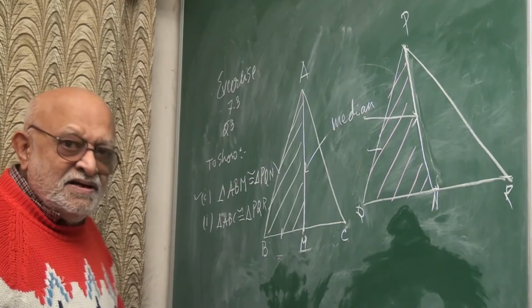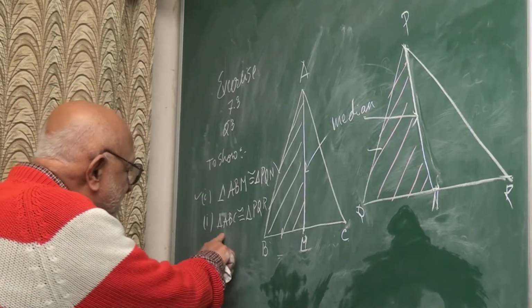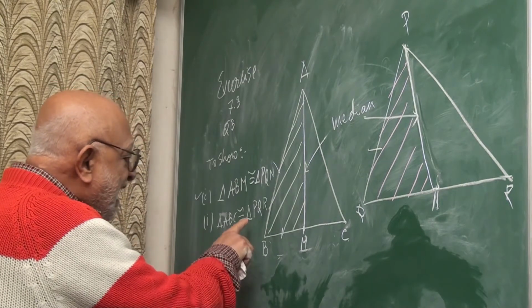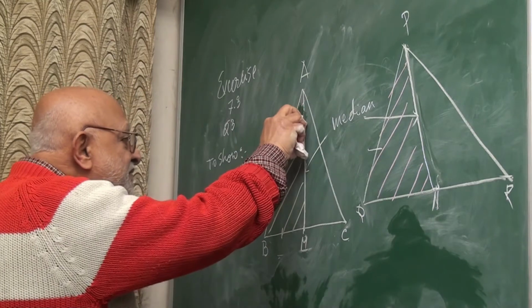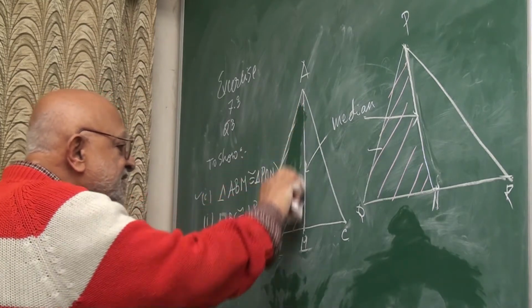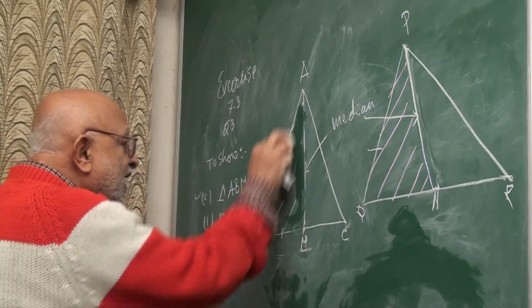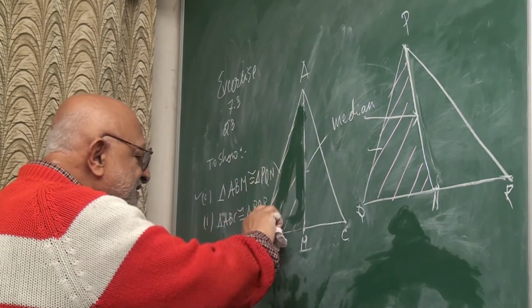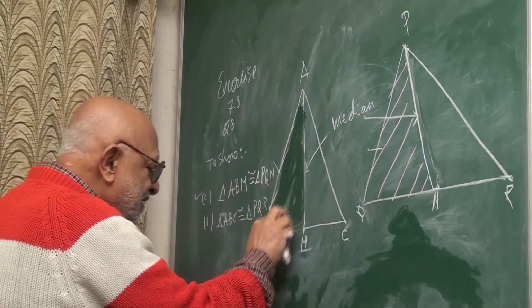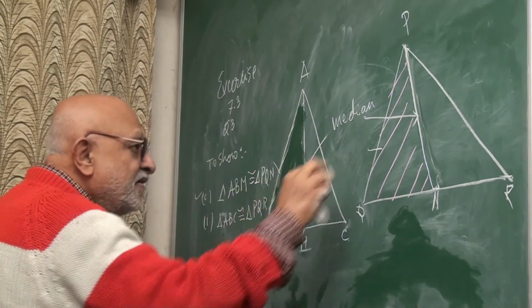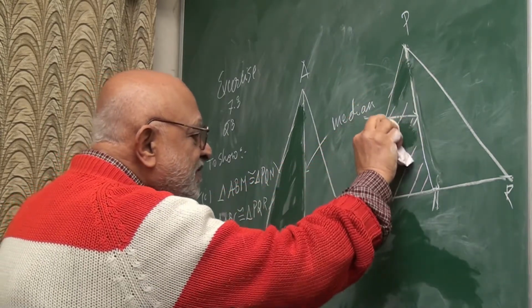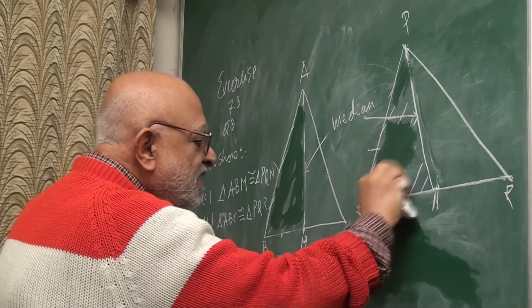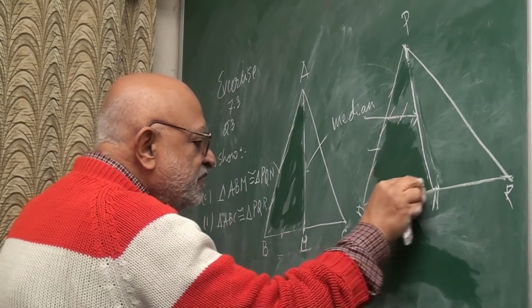Okay, now we are going to start with the triangle ABC and triangle PQR. That means the whole thing. So I will rub these portions off because this is no longer needed. I have used it in my previous explanation of the other part. Now the median etc. will remain because that may be useful to me.